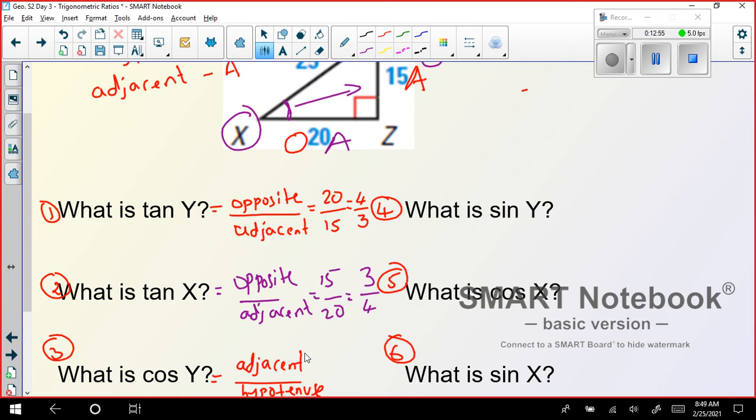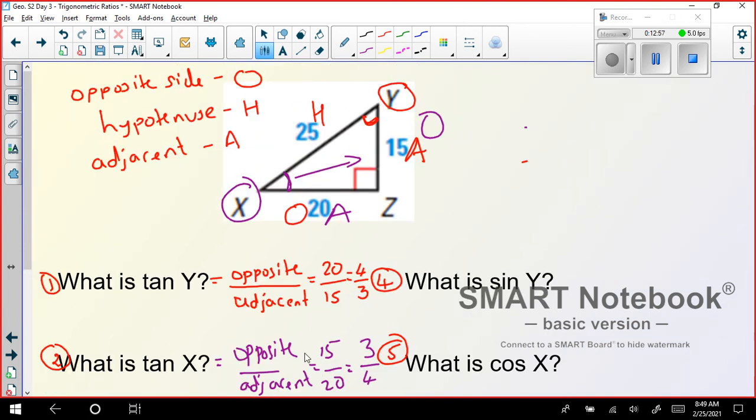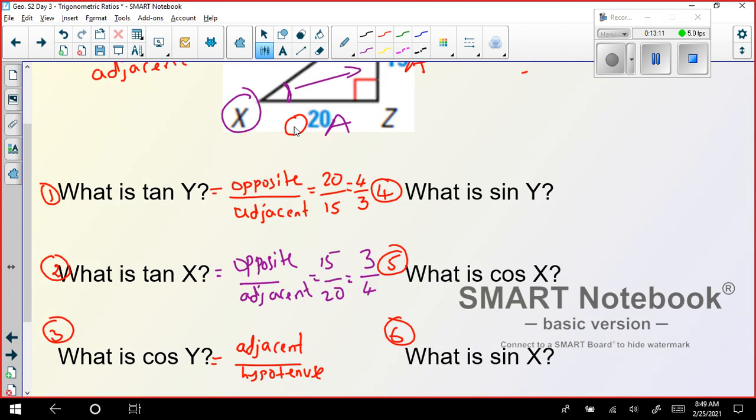Okay, let's see for cos y. For y, which is the adjacent? For y, which was red, the adjacent side is right next to y, which is 15, and the hypotenuse is 25. So 15 over 25. If I simplify this further, I'll have 5 times 3 and 5 times 5. So the ratio is 3 over 5. This is cos y.